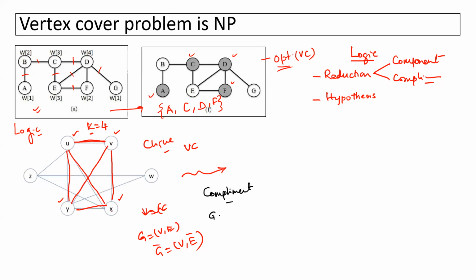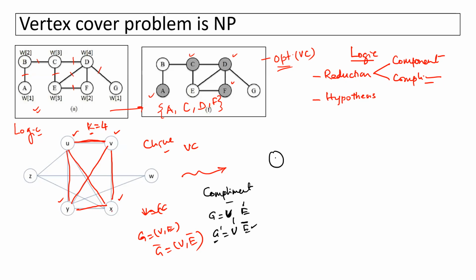For example, if G has V vertices, then the complement graph G dash will also have V vertices, but the edges will be complemented. If G has edges E, then G dash will have E bar. It means that an edge which is present here will not be present there, and vice versa. For example, there is an edge between U and V, so this edge will not be there in the complement graph. And there is no edge between V and W, so this edge will be there in the complement graph.